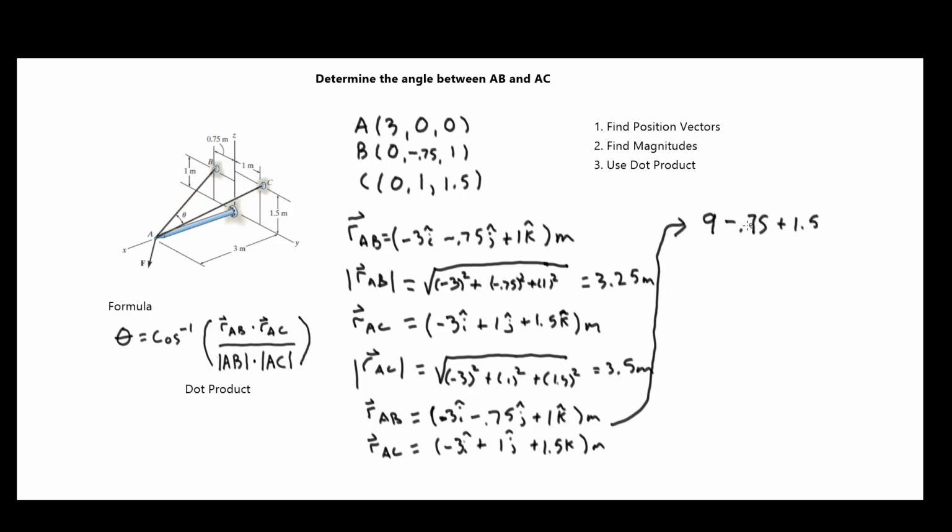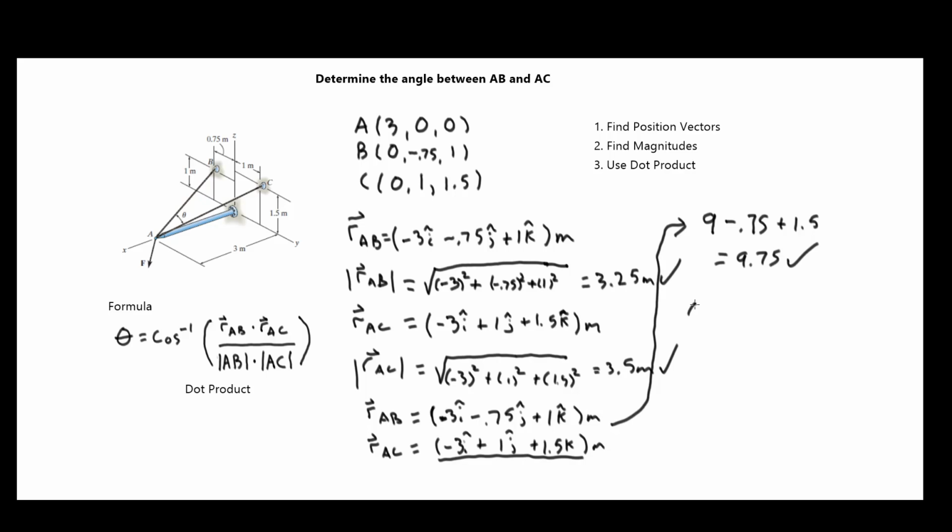Now we can just add and subtract all these values together, and that gives us a total of 9.75. So when I line it up, I can just multiply these together, get the answer below, and then add them all together, and that gives us our numerator dot product value. Now that we have the numerator and both of our magnitudes, we can plug it into this formula and get our final answer.